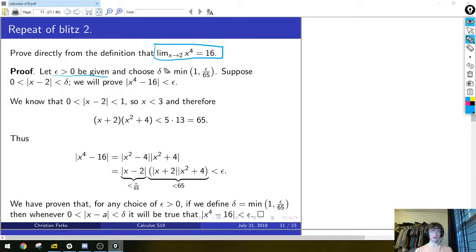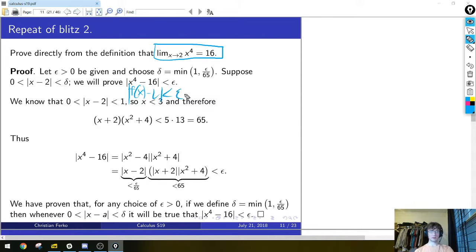I can pick this delta, which is the smaller of 1 and epsilon over 65, where the 1 is chosen so I can restrict one of the factors when I factorize this thing. So if delta is the smaller of these, and we assume that the absolute value of x minus 2 is less than delta, so it's smaller than both of these in particular, we need to prove that under that assumption the absolute value of f of x minus L, which is this thing, is less than epsilon.